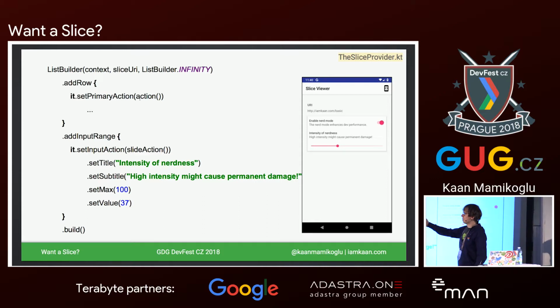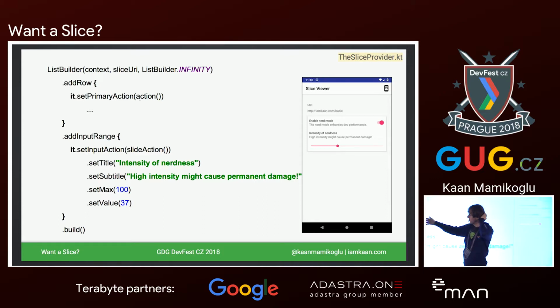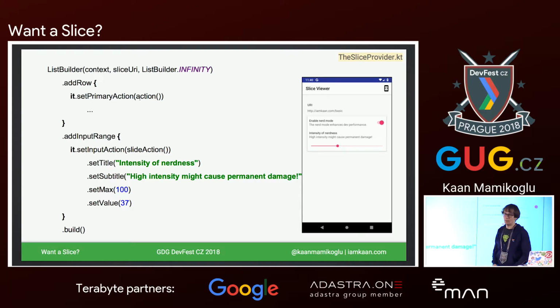So you add an input range to the slice, and you are building it here. We set the title and subtitle, which is displayed under the main item. Then we set the maximum value and the current, initial value. In this case, it's hard-coded. We are going to see now how to make it not hard-coded.